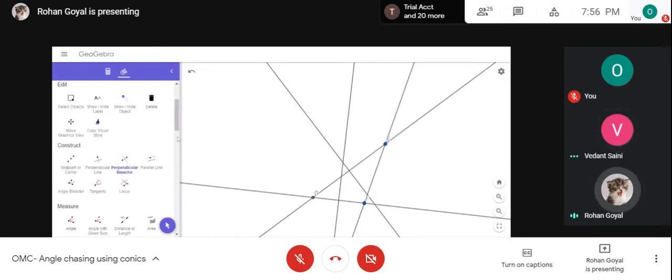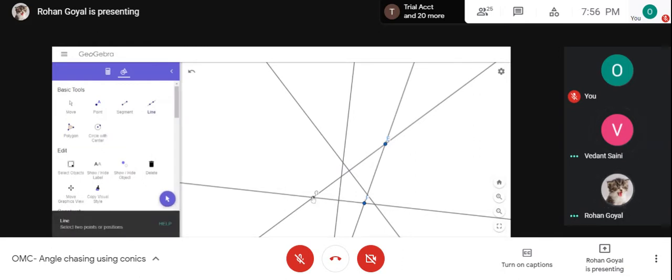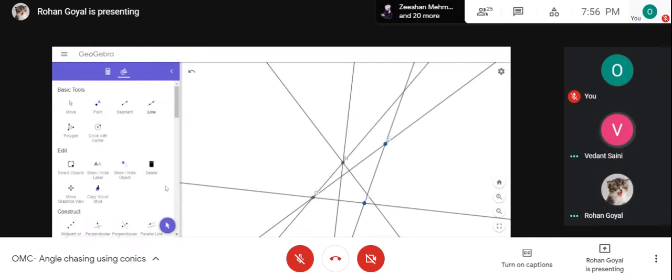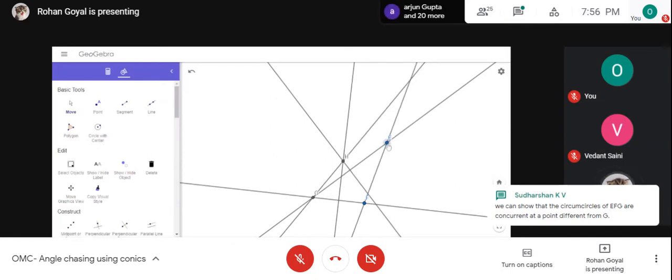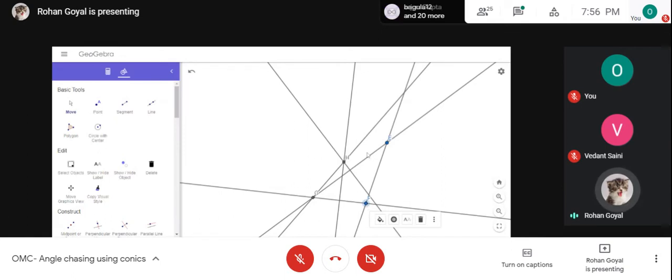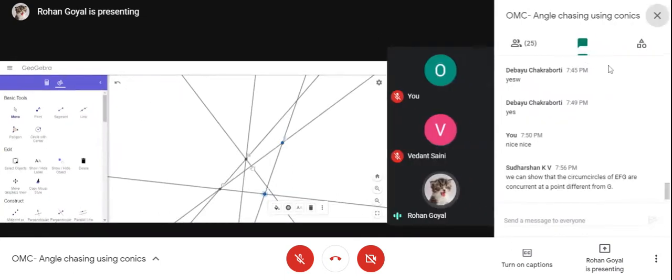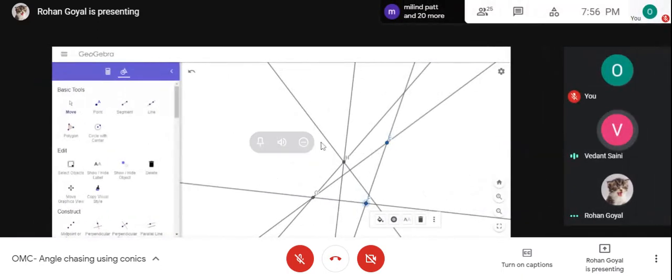No, I don't think this is true. Let's just check. I don't think it will be linear because you are moving two things. The intersection of two linear things is a degree two thing.